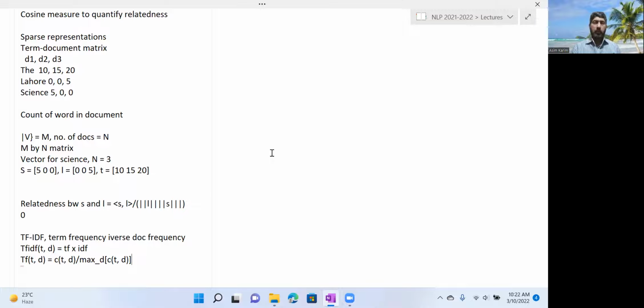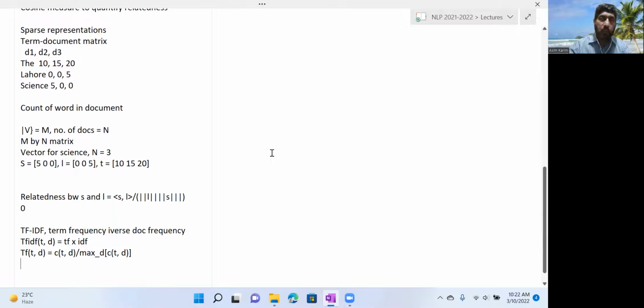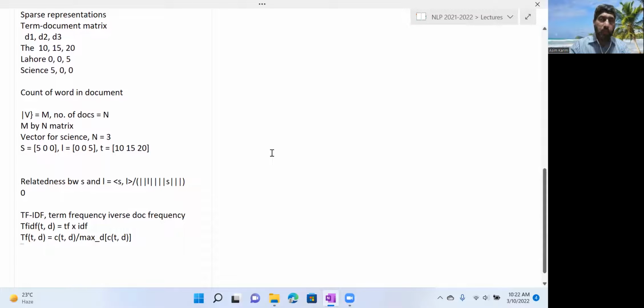So if we are talking about a specific document, let's say document D1, which we wrote above, in D1 you had the first word D, which is 10, the second word was, let's say, science, which was maybe 5, then the second was Lahore, and the third, science, was 0.